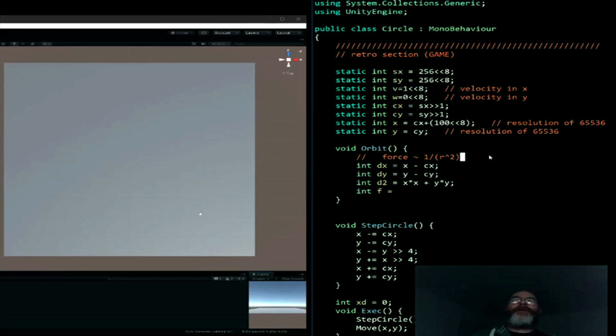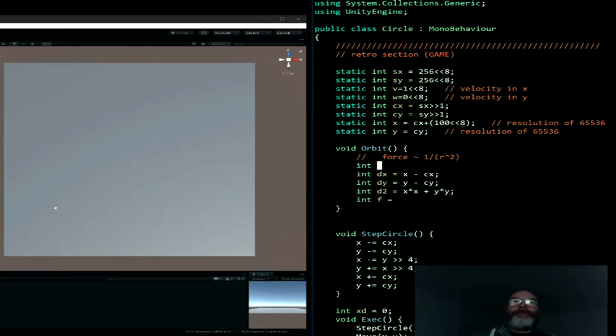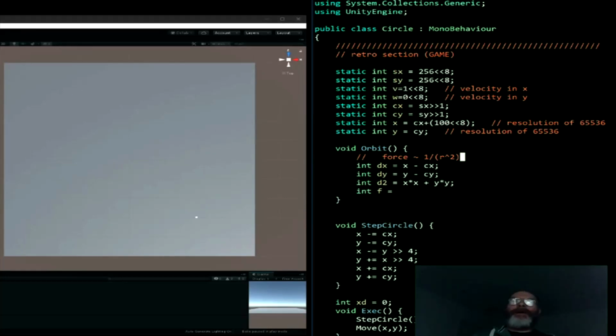And now we want to figure out the force. The force is equal to some constant. What's that constant going to be? Let's worry about that in a minute. We need to do a divide.